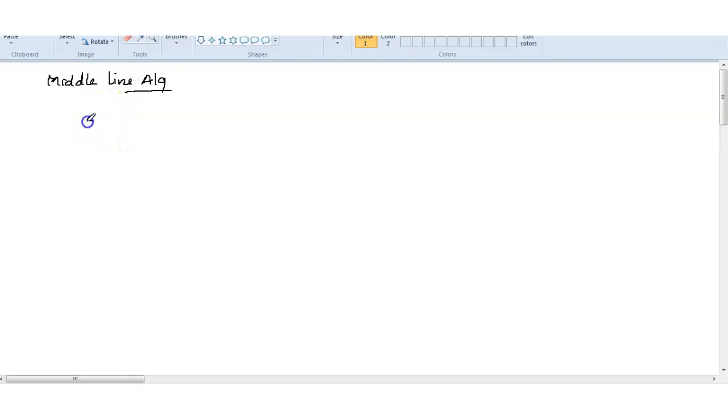Consider the equation of a line, which is given here: y equals mx plus c. You can write it as dy by dx into x plus b. We can rewrite this function in terms of f(x, y) equals dy into x minus dx into y plus b into dx.